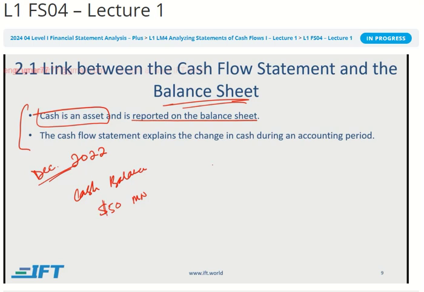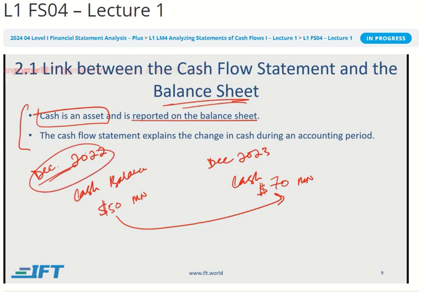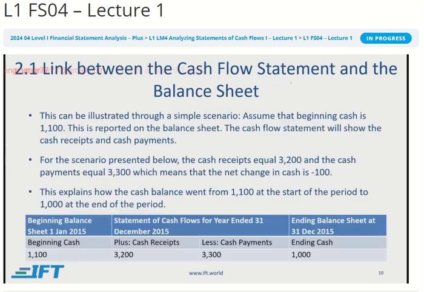And then on the balance sheet as of December 2023, the cash balance is showing $70 million. So how did we get from 50 to 70? The closing balance for 2022 is the opening balance for 2023, but how did you get from 50 to 70? That is what the cash flow statement shows.